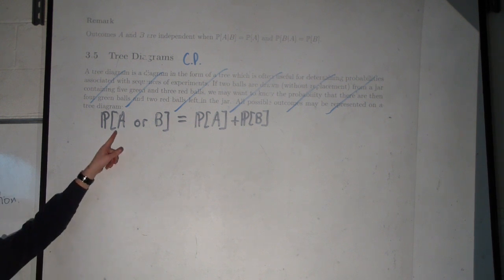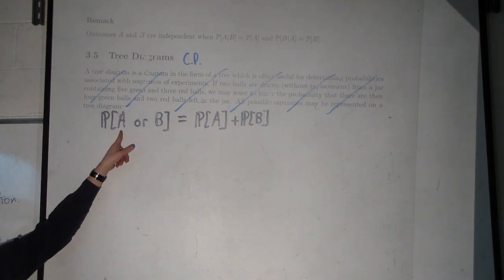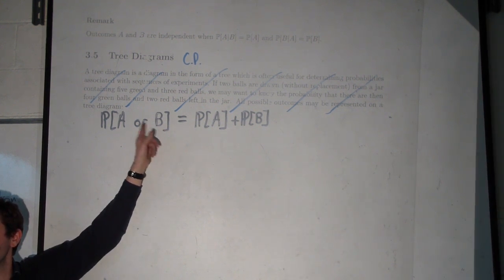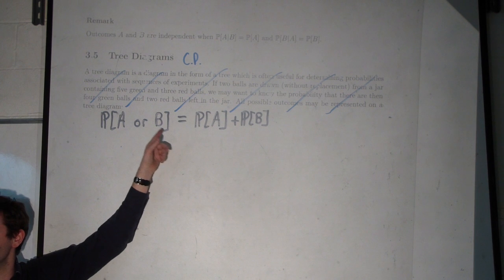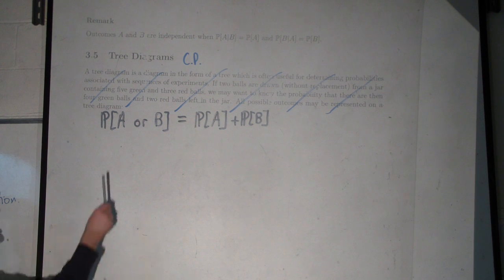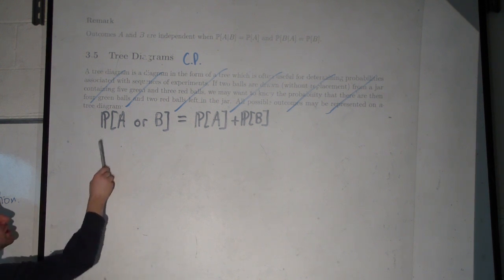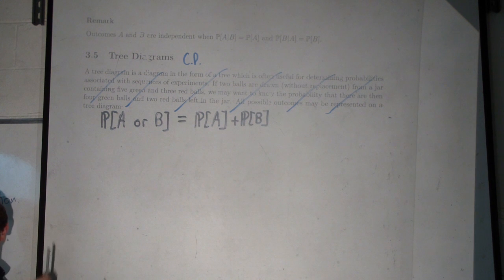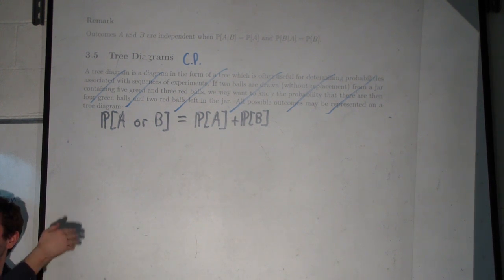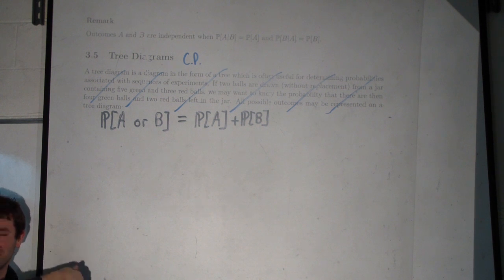What is the probability of an odd number or a prime number? Because you can get an odd number and a prime number at the same time, and you have to think a little bit differently. Or, for example, what's the probability of getting an even number or a 6 on a dice? This isn't going to be true because you can get an even number and a 6 is even as well.